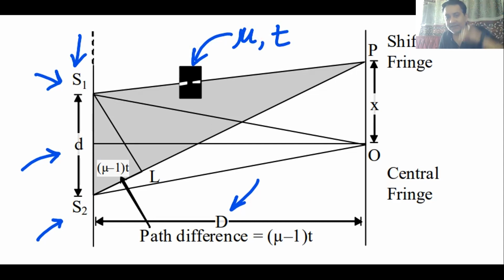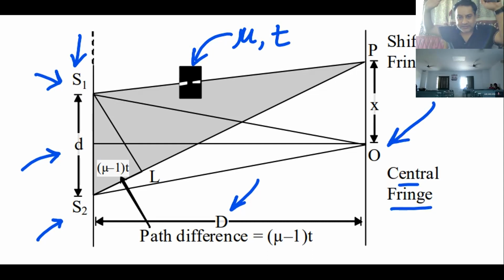Now, when this glass slab is inserted in front of the upper slit, do you see this central bright fringe? This was the original central bright fringe. The original central bright fringe happens at the center O. Can I have some raise hand that we see this?